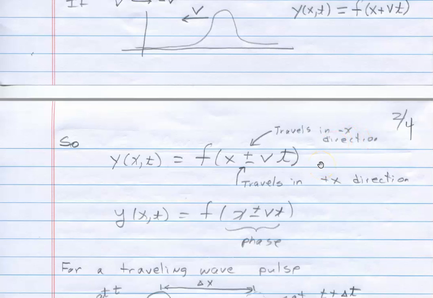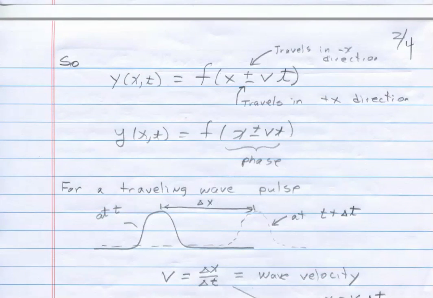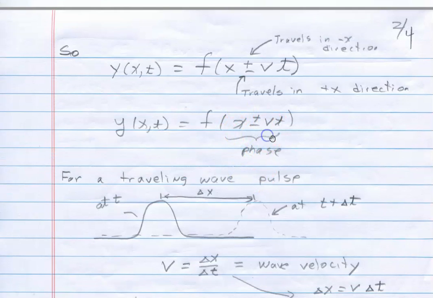So you have this sort of flip in sign. There's some terminology with this. The argument of this arbitrary function is usually called the phase of the wave, and we'll extend that a little more.